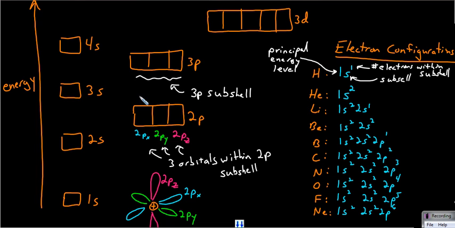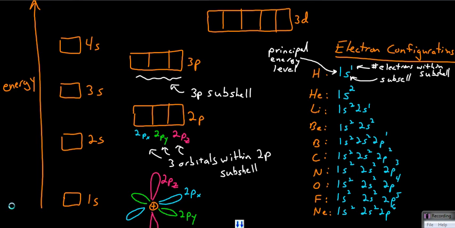Last video, we described how there are certain subshells and also principal energy levels. So we had shown that there was n is equal to 1, n is equal to 2, and n is equal to 3 in the Bohr model.